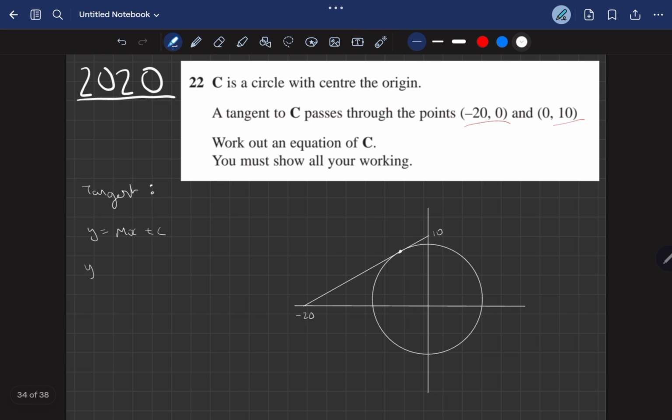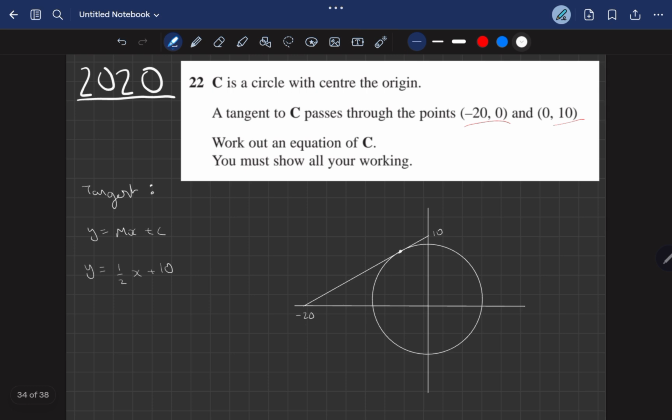So the line equation is y = (1/2)x + 10. Just to make sure, if I plug in x = -20, half of -20 is -10, -10 plus 10, y is equal to 0, and yep. And the same thing happens when x is 0, because y is just 10.